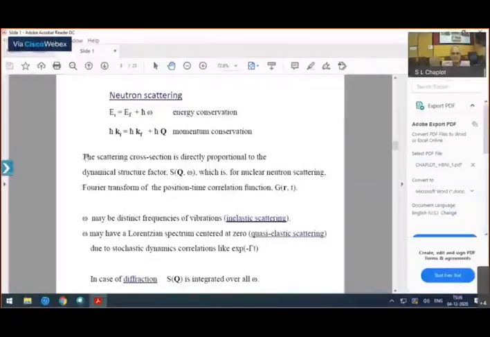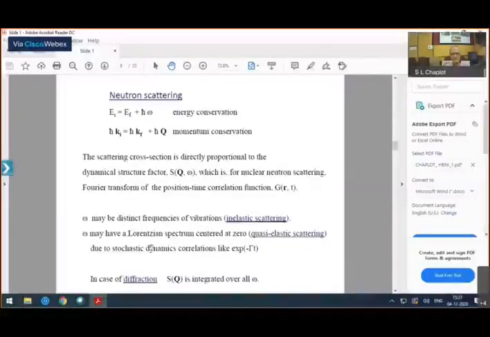Now, this quantity, as we already said, if omega may be distinct frequencies, then these are vibrational frequencies, whether these are phonons or any molecular vibrations. Then this, as we said, is called inelastic neutron scattering.